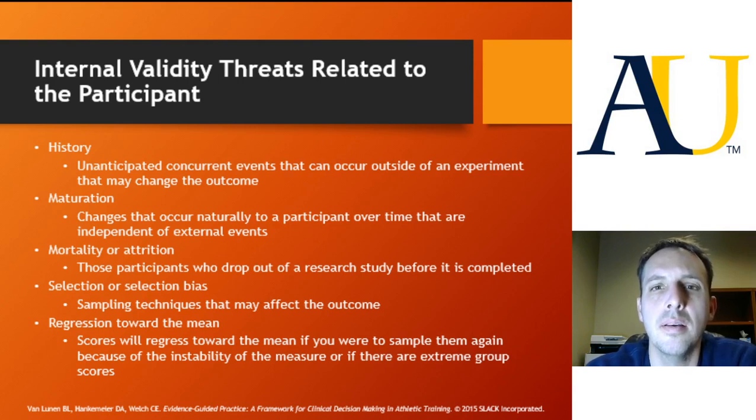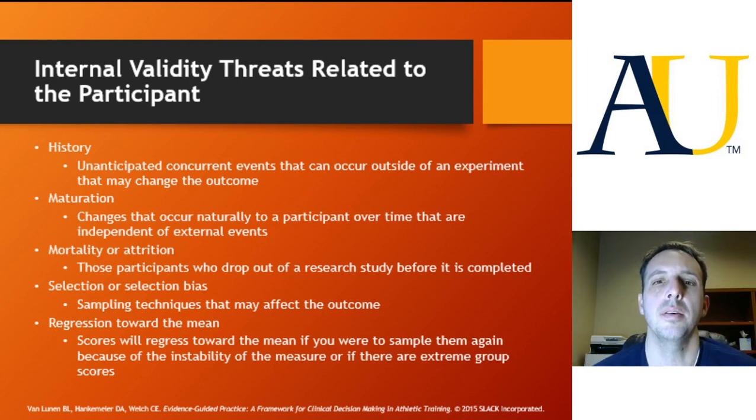Are there potential things that have occurred that would change our ability to interpret the study, whether those changes are due to things that the individuals do outside of the study, as in a history threat, or changes to the individual themselves, as in a maturation threat, or simply because the groups are no longer the same groups that started, and the possibility that mortality or attrition has occurred.